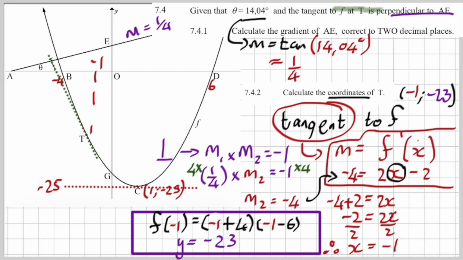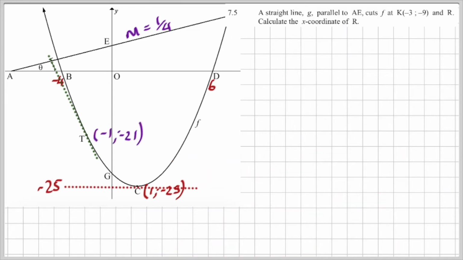So when I look now at 7.5, it's a beautiful question. 7.5 is a doozy. It's worth, if I'm not mistaken, 6 marks. I don't have it on the sketch here, but if I remember, it's 6 marks. Why is it so much? Because there's actually a lot of algebra involved in here.